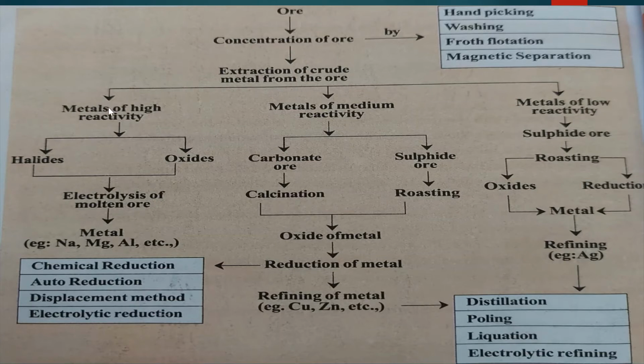Depending on the reactivity of the metals, they are subjected to various methods. If the metals are of high reactivity, the ores are halides and oxides. Halides are compounds which contain a halogen as their anion, and oxides are compounds of oxygen.